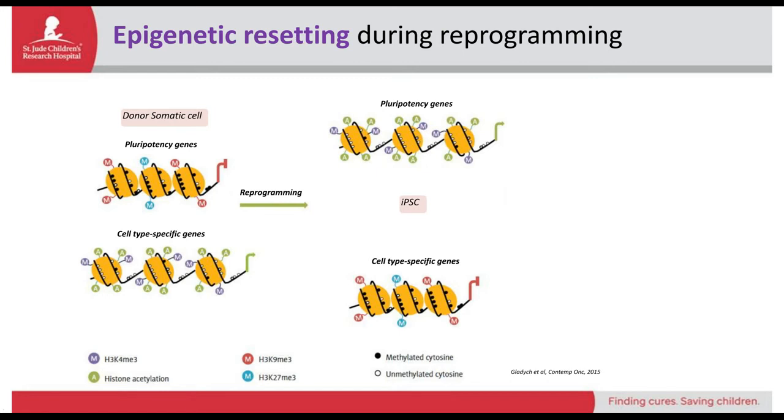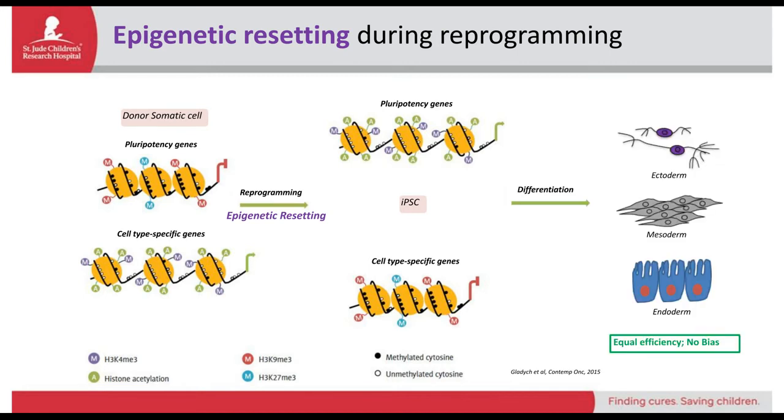This process is called epigenetic resetting, where the somatic cell is erasing all of its epigenetic marks and re-establishing new marks to become a pluripotent stem cell. Now, if this process of epigenetic resetting happens perfectly, then when you differentiate this iPS line, it should be able to differentiate into cells of all three lineages with equal efficiency and no bias.